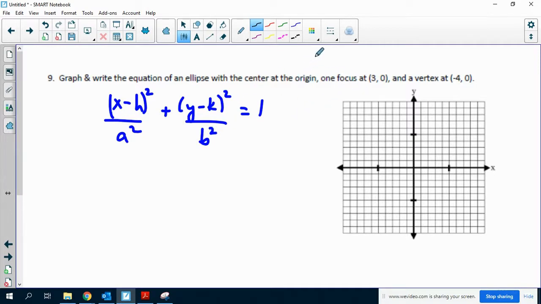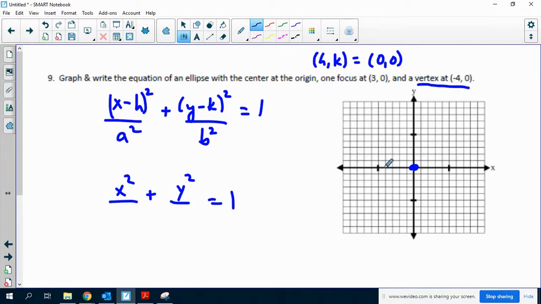If we know the center's at the origin, that means we know that (h, k) is (0, 0). So I can graph (0, 0), and I can rewrite this as x squared and y squared since h and k are 0 and 0. Now, the vertex is at (-4, 0).